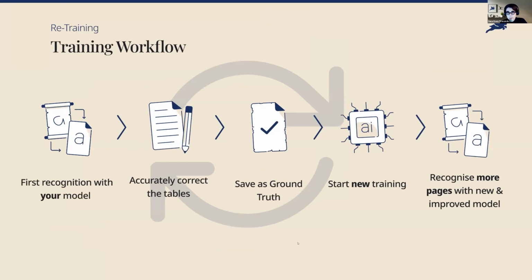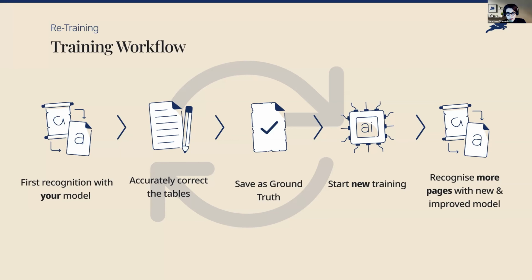What to do if you have a quite okay model, but you would like to improve it? Because maybe it isn't capable to deal with a certain type of pages or tables, or you see that there is room for improvement. After you have trained your first model, you can use this model to recognize some additional ground truth pages, for example, 20 additional pages, then you correct them, and the correction should be faster than drawing the tables from scratch.